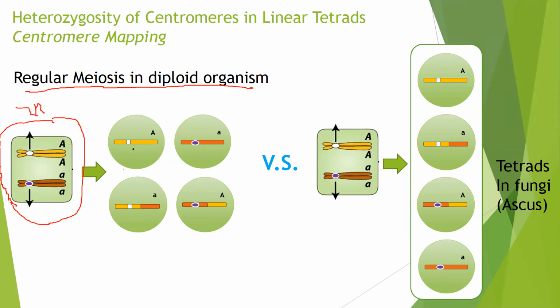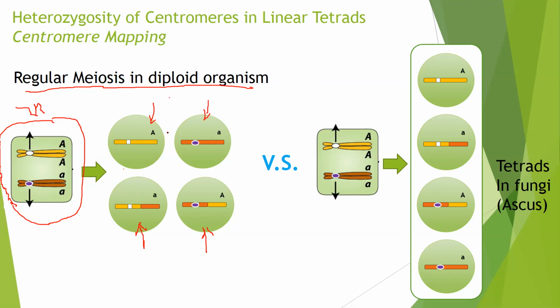So now we are talking about a diploid organism. They are gametes, not individual living organisms. Those are gametes; they cannot survive by themselves. They have to join another gamete to form a zygote, which can then develop into a living organism.